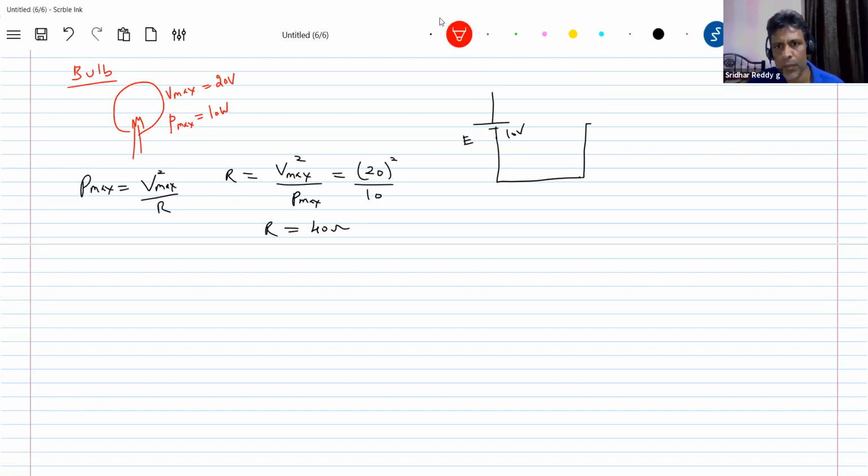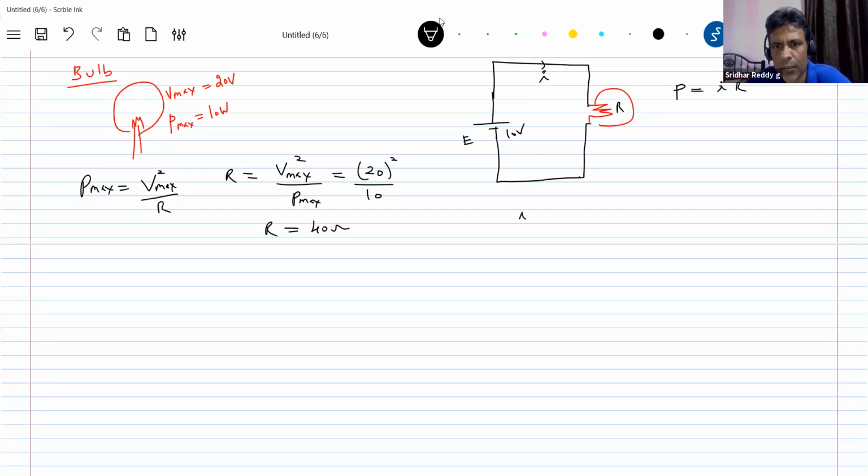A current I will flow. This has a resistance R. What is the power dissipated in the bulb? P should be equal to I square R.